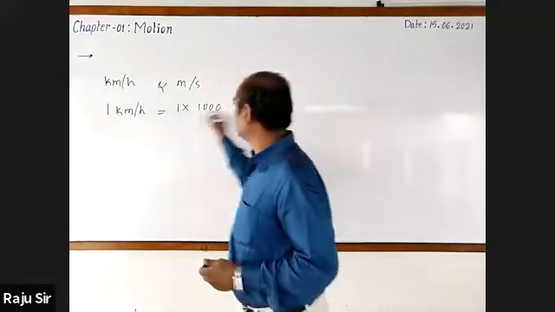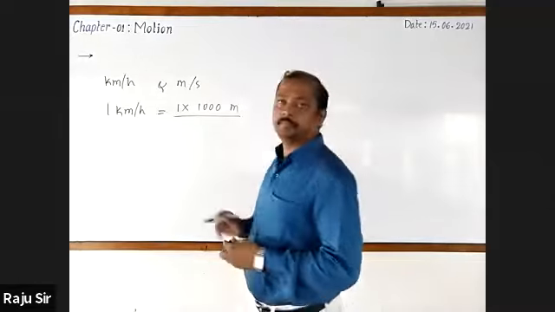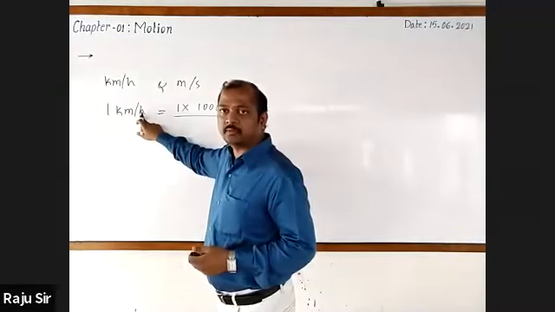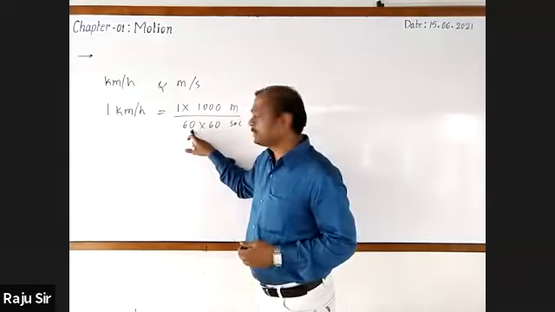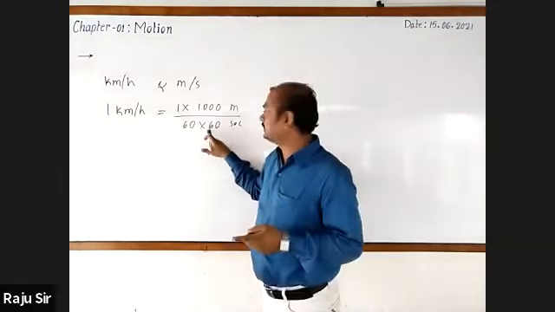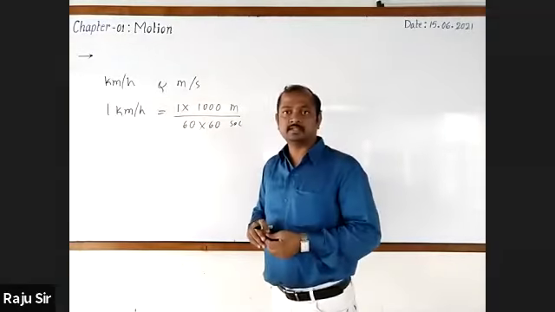Kilo means 1000. 1 kilometer is 1000 meter. Hour is there; convert this into seconds. It will be 1 into 60, 3600 seconds. 1 hour is nothing but 60 minutes, and 1 minute is 60 seconds. You can write 1 hour as 60 into 60 seconds.